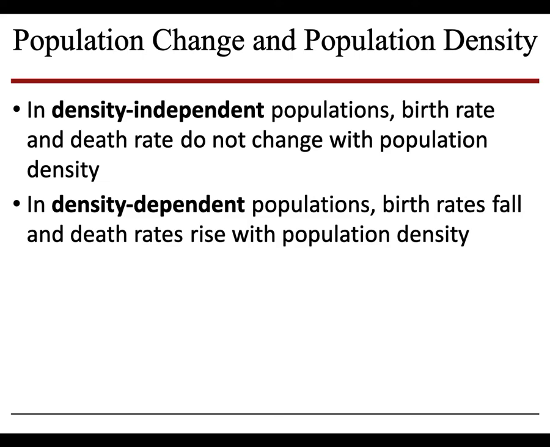Density-independent populations have birth rates and death rates that do not change with population density, meaning that there are factors or characteristics of that population where resources might not be limiting to their ability to have more offspring. Density-dependent populations have birth rates fall and death rates rise with population density. This is often due to resources, but there's other reasons why this might occur as populations get larger.